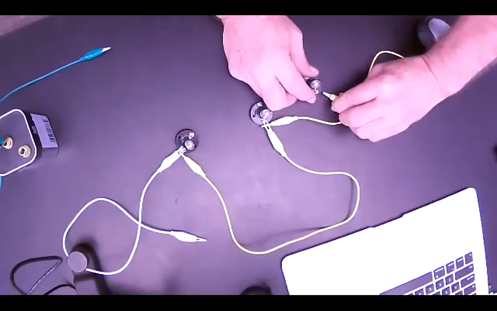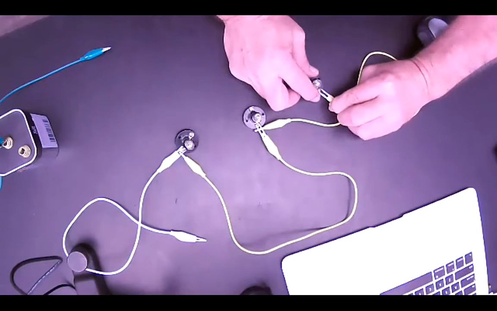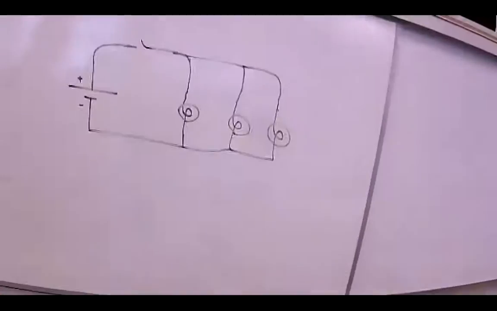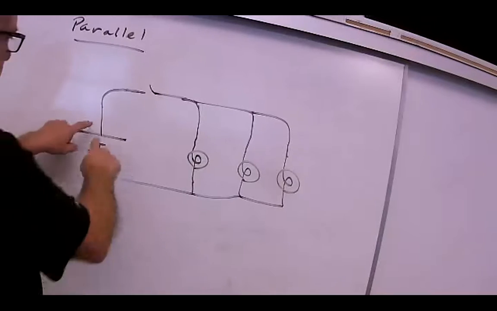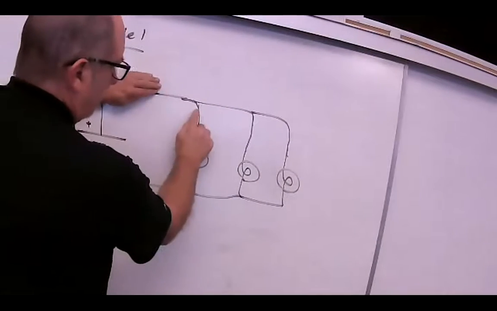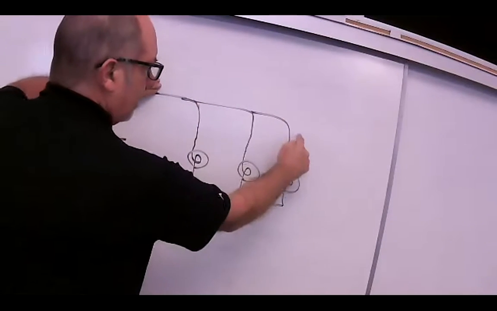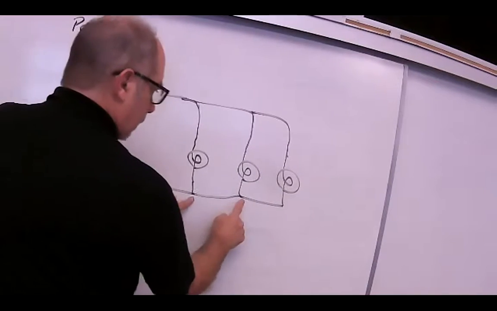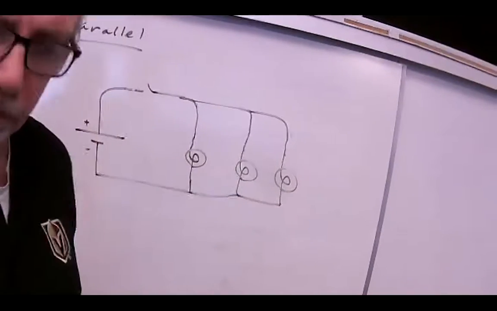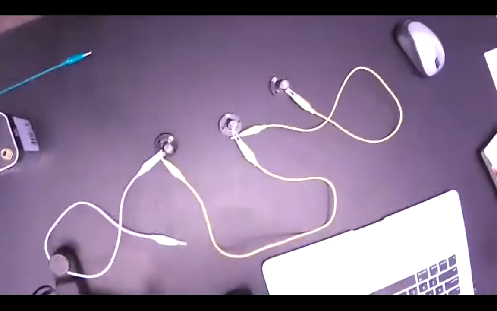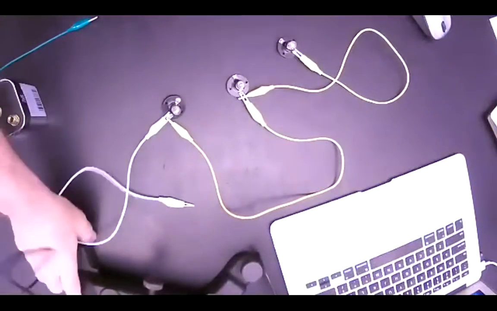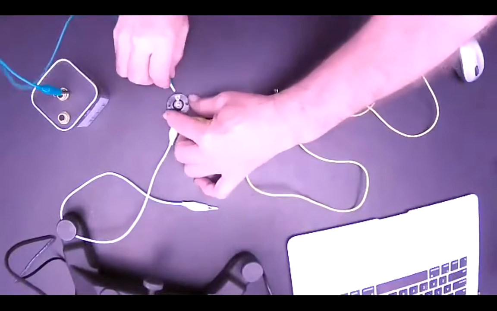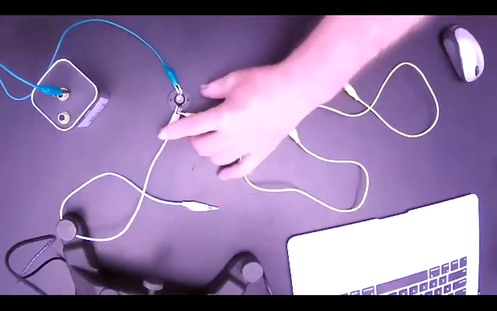All right. Like this. Okay, so now I've got this going on, where I have battery to the imaginary switch to the first light bulb, to the second light bulb, to the third light bulb. Now I'm going to do this part, the battery to the first light bulb, like that.